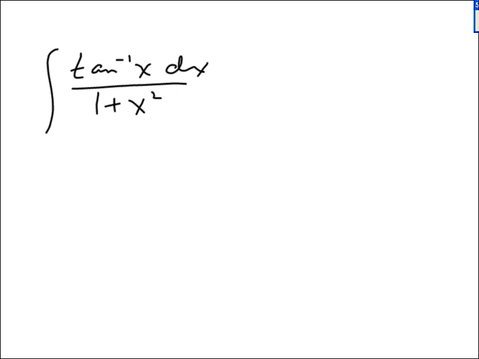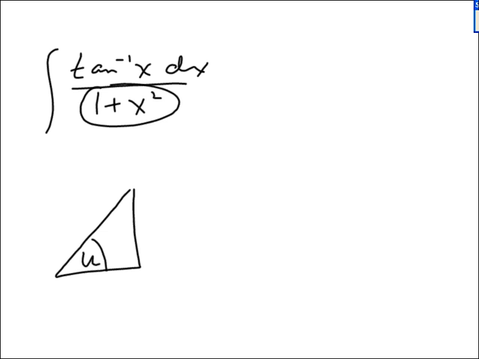Now, you can try what I said. You can put, we'll call the angle u. Since everything is positive in the bottom, the whole thing goes under the square root sign, on the hypotenuse. And you can put the 1 and the x: 1 squared plus x squared.